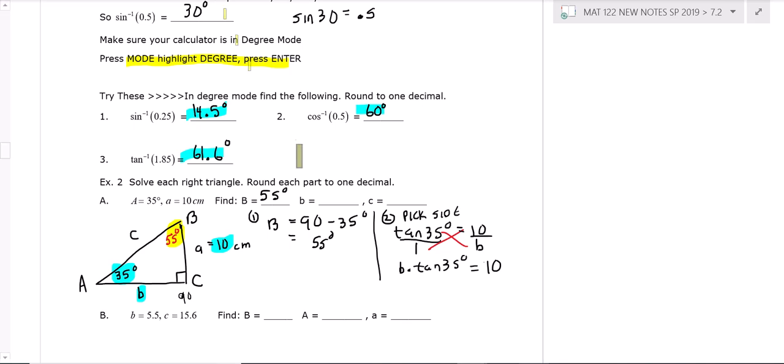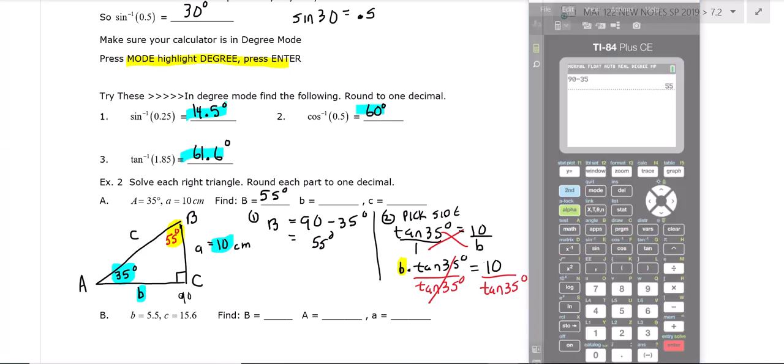Now what you're going to do is solve for b. You want to get b by itself. So what's the correct way to get rid of tangent 35? To divide by it. Okay, so you want to divide by tangent 35. Then you're going to have to go to your calculator. So side B is going to be 10 divided by tangent 35.